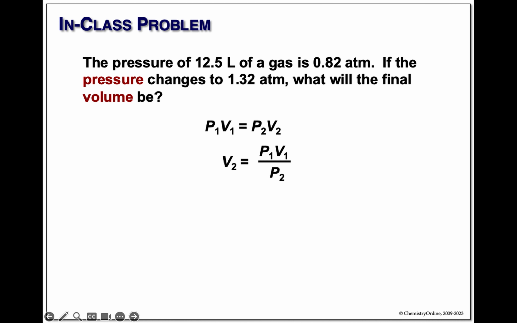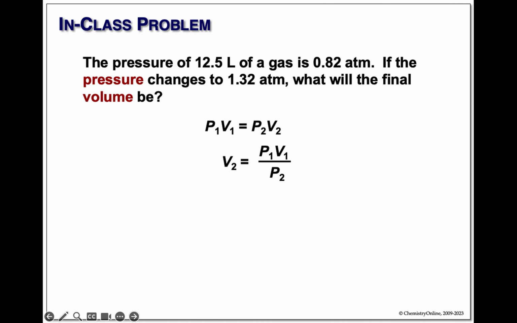Up top, P1 is 0.82. V1, 12.5. And P2, 1.32. When you work these problems, the only thing you really need to think about and check is to make sure that the units are the same. Atmosphere, atmosphere, or millimeter, millimeter. Likewise, liters or milliliters, as long as they're the same, that's fine.